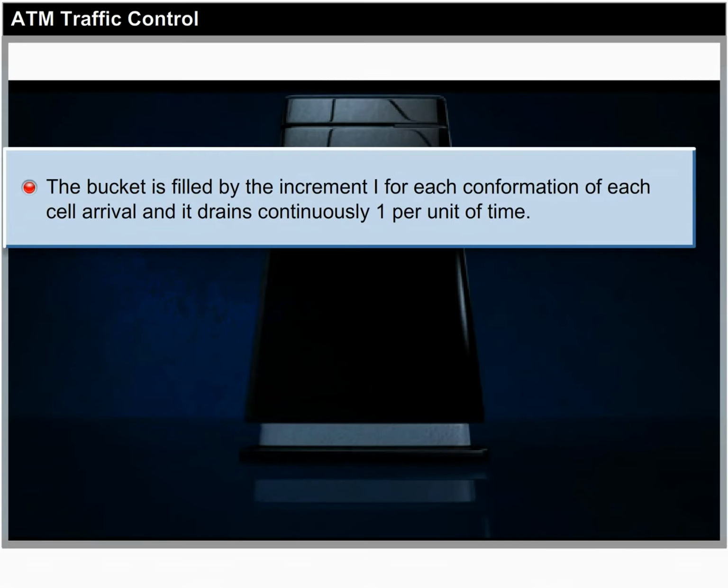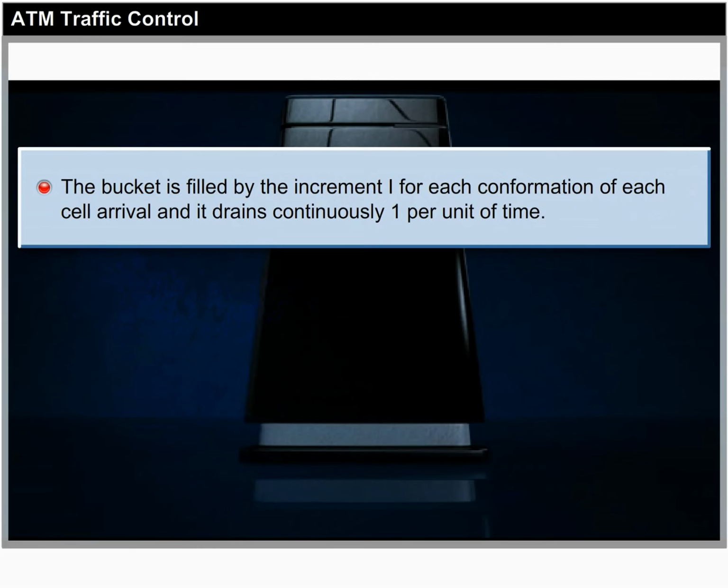The bucket is filled with the increment I for each conforming cell arrived, and it drains continuously 1 per unit of time. The maximum capacity of the bucket is L. When one cell arrives, it is accepted if there is space enough in the bucket for it. That is, if the content of the bucket after incrementing it by I is less than the maximum capacity L.